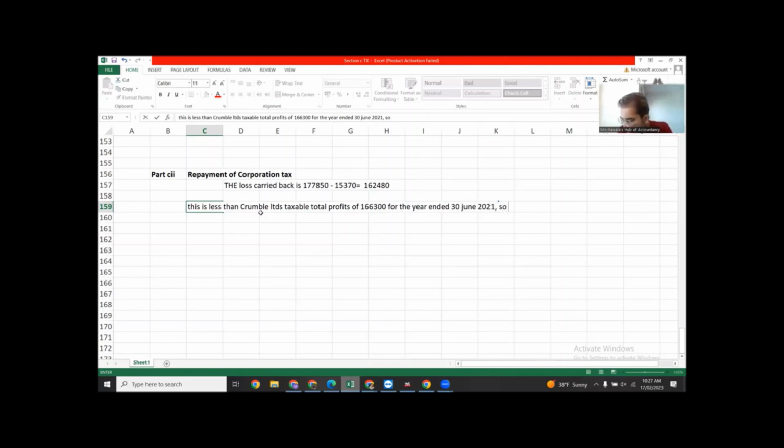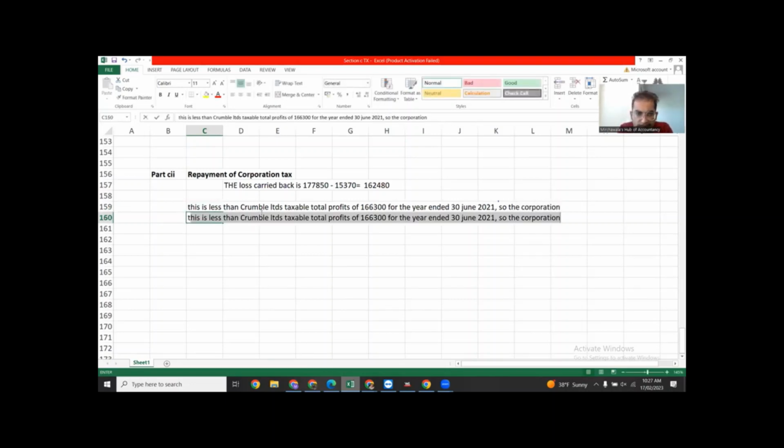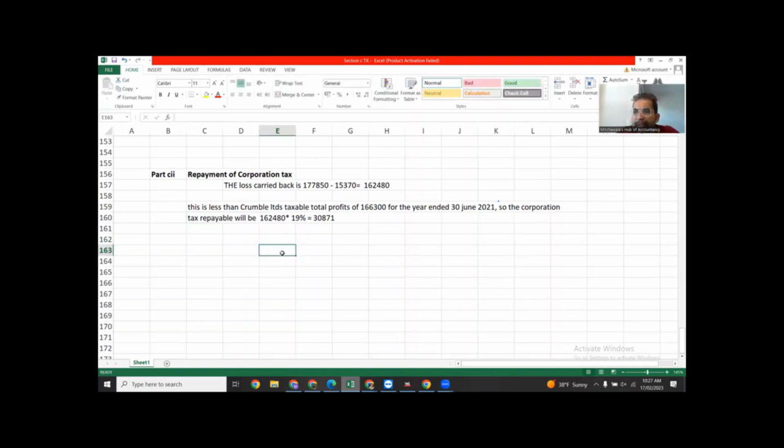So the corporation tax repayable will be 162,480 times 19%, which is 30,871. That's it. This amount of refund you will get back: 30,871.